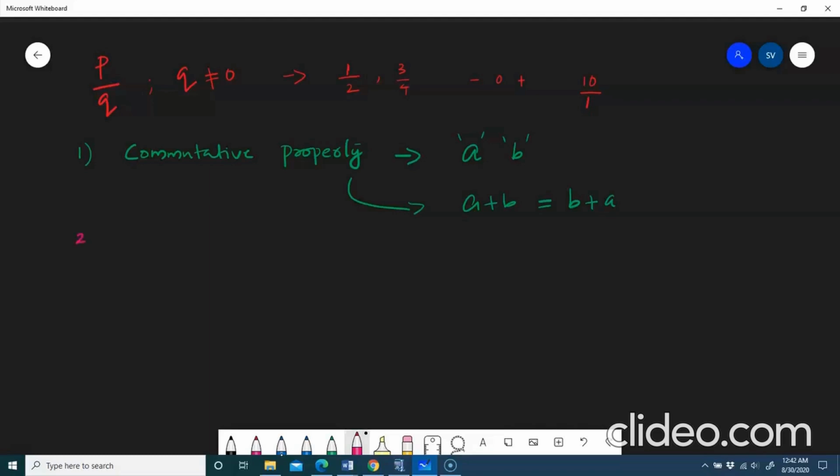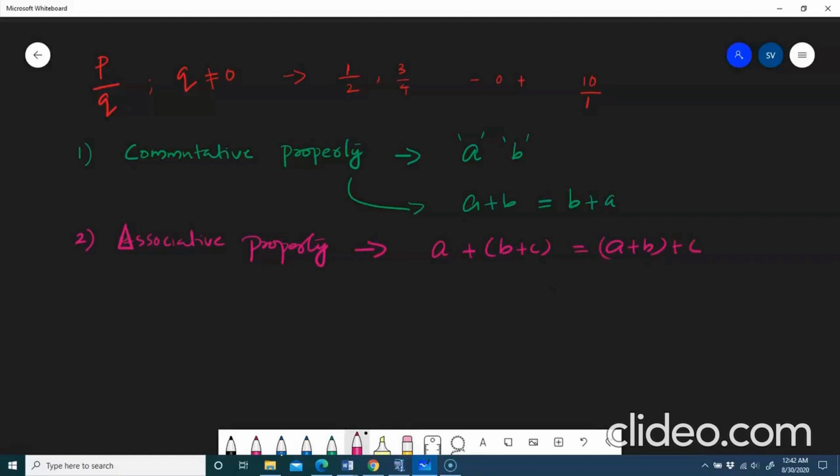The second thing I want to discuss is the associative property, that is a plus b plus c equals a plus b plus c, grouped in either way. This is the associative property of rational numbers.